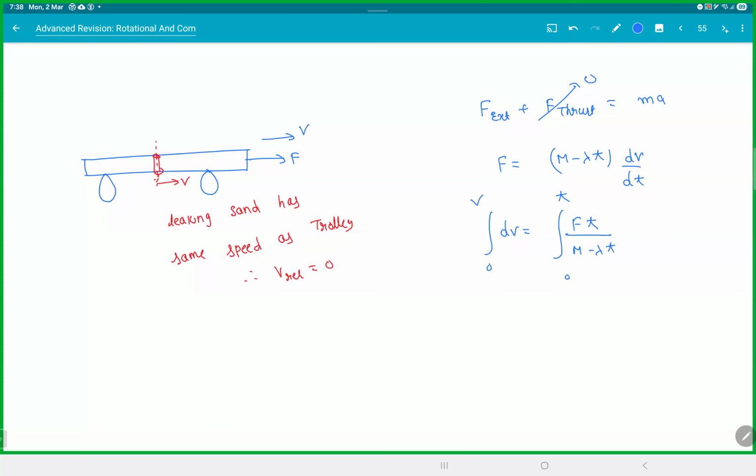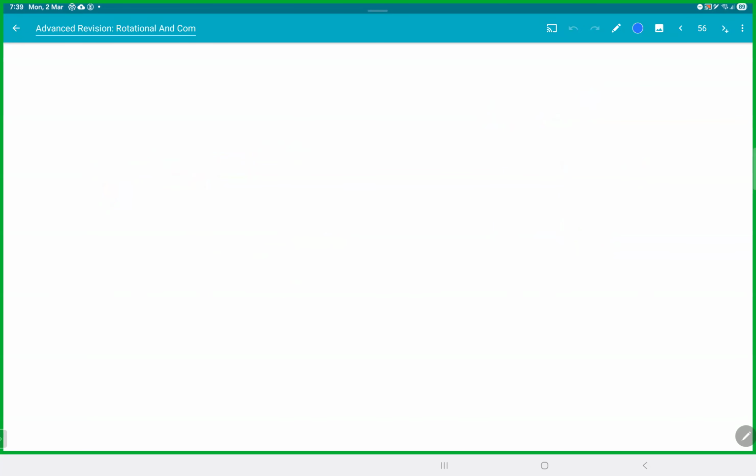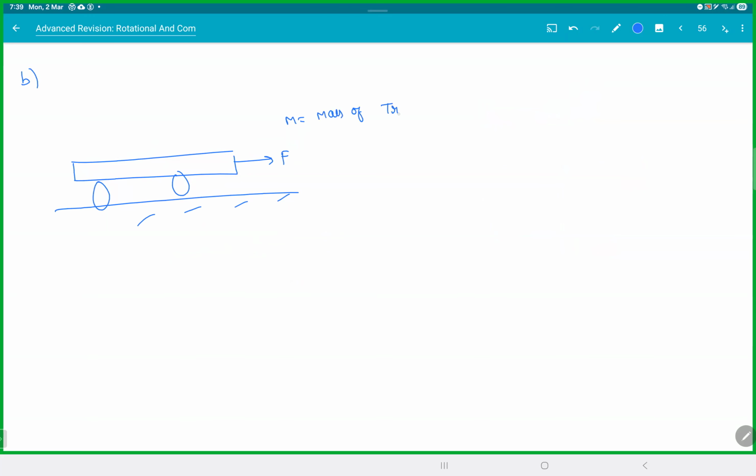Clear. Another variation of this was the other one. The sand is falling onto the trolley. We have a trolley, force F, m is the mass of the trolley. We have a container with sand, and this sand is dripping onto the trolley.